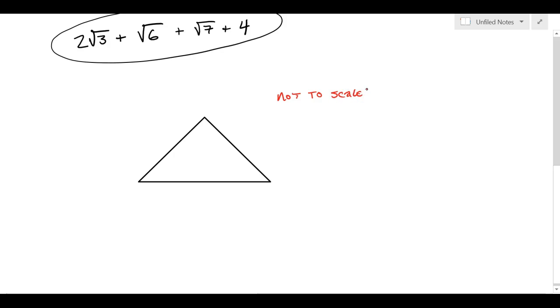Let's say this side is radical 32, this is 3 radical 2, this is 5. Well, if it wants me to find the perimeter, that means I need to add all the sides. I'm going to set this up: radical 32 plus 5 plus 3 radical 2.